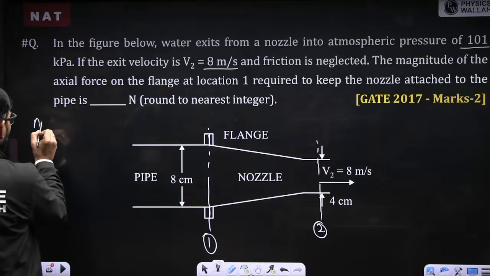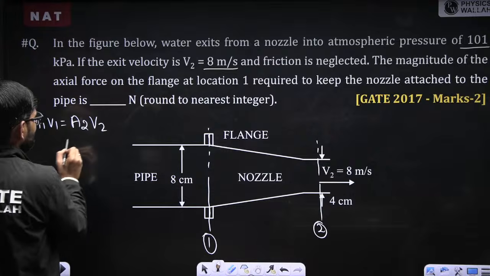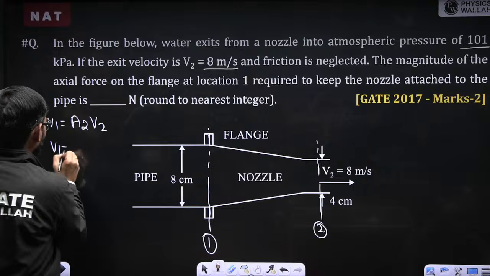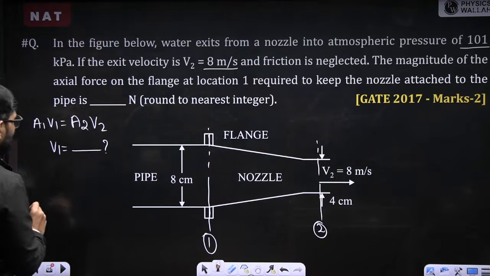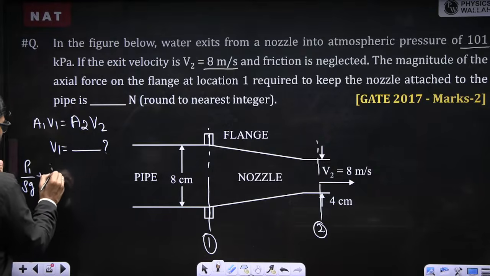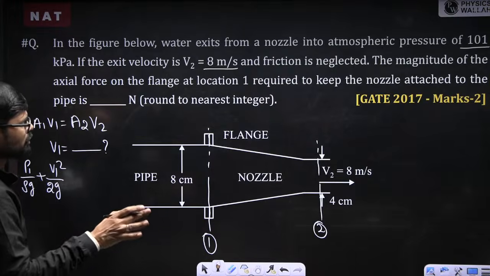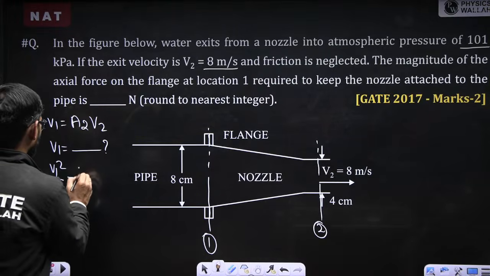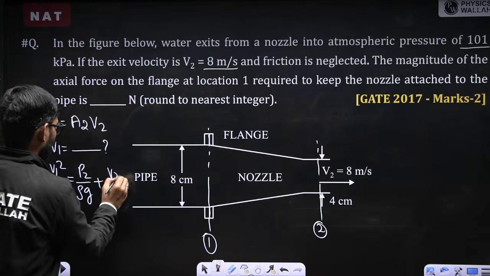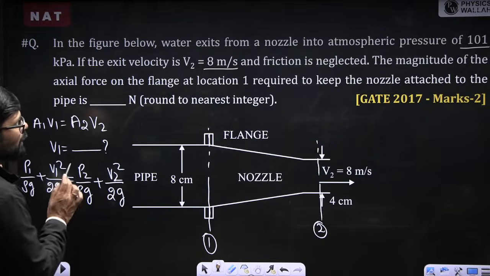First you apply A1 V1 is equal to A2 V2. Now tell me what is the value of V1. Calculate V1 value from here, right? Then apply P1 by rho g plus V1 squared by 2g, with Z1 and Z2 the same so neglect them, is equal to P2 by rho g plus V2 squared by 2g, right?